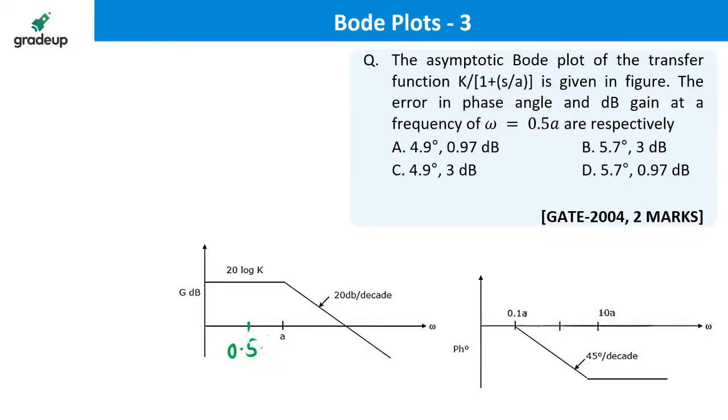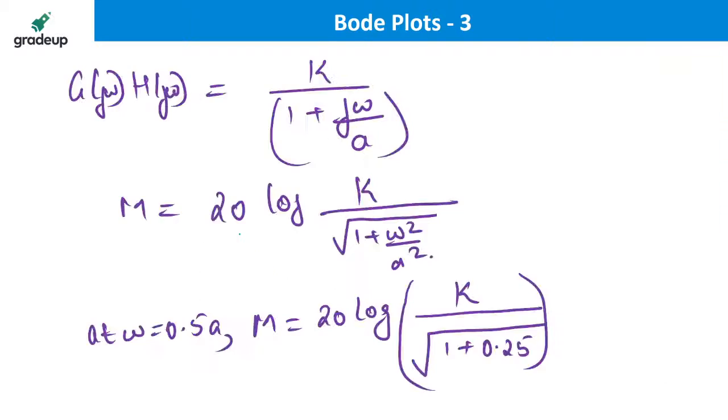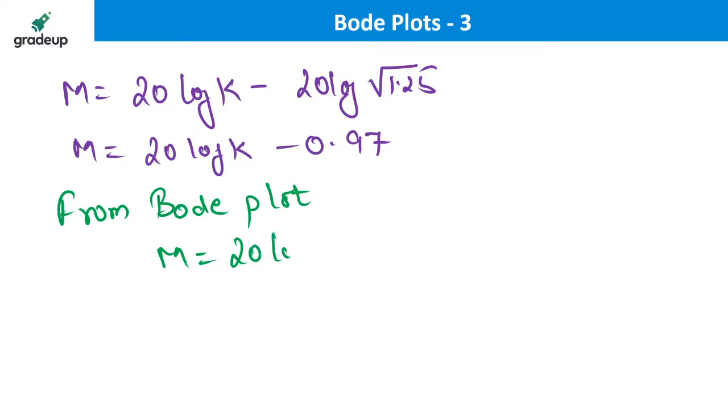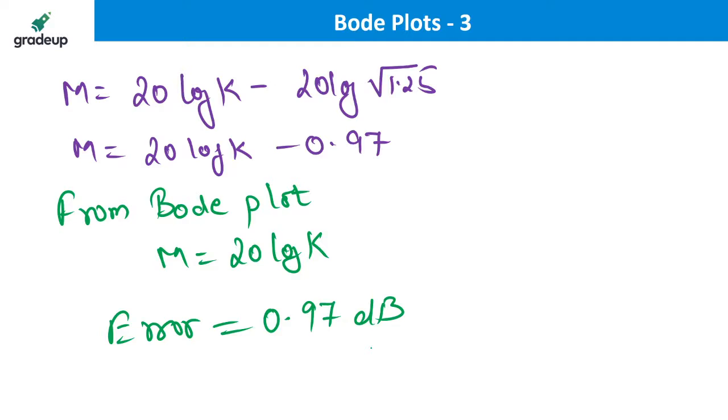So at 0.5a, the magnitude according to the Bode plot is 20 log K. So from the Bode plot reading, the magnitude is just 20 log K. So what is the error? It is 0.97 decibel. Got it? This is the error in the dB gain.